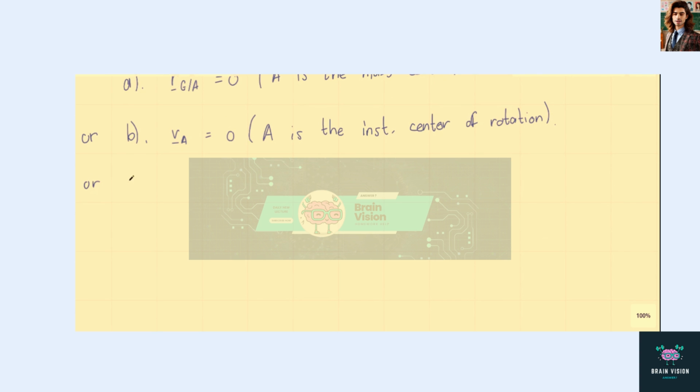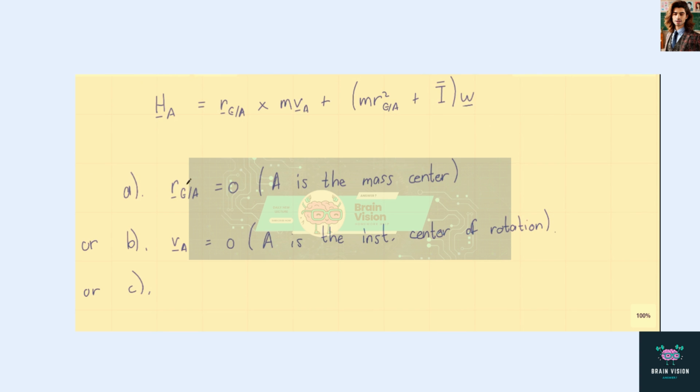Or C, another situation where this cross product will be 0 is if r and V are perpendicular. So the position of the mass center relative to A is perpendicular to the velocity of A. If these two are perpendicular, the cross product becomes 0.